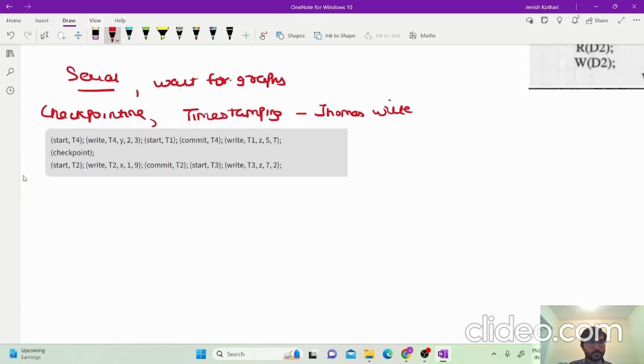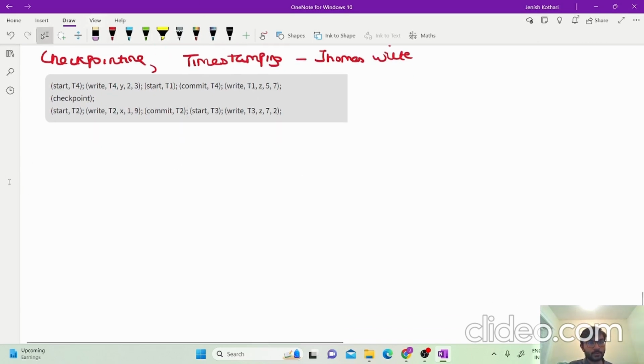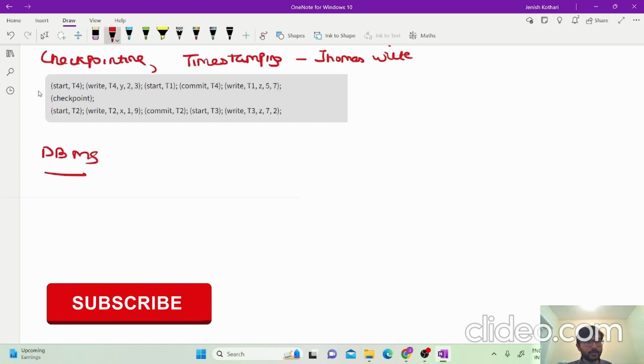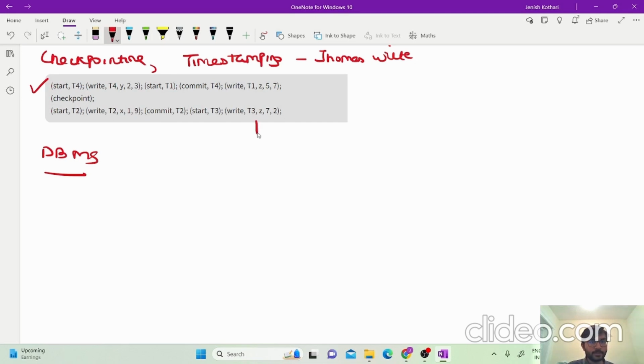What we are given is a transaction log of some database management system. This is a checkpoint, and this is the transaction log. After the write of this, there is a system crash. Now the database management system has to decide which transactions need to be undone and which need to be redone.